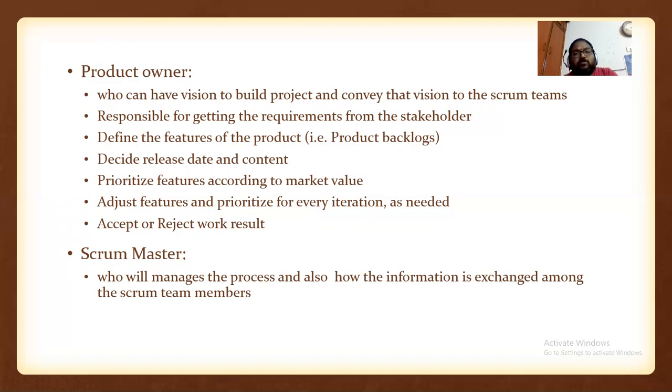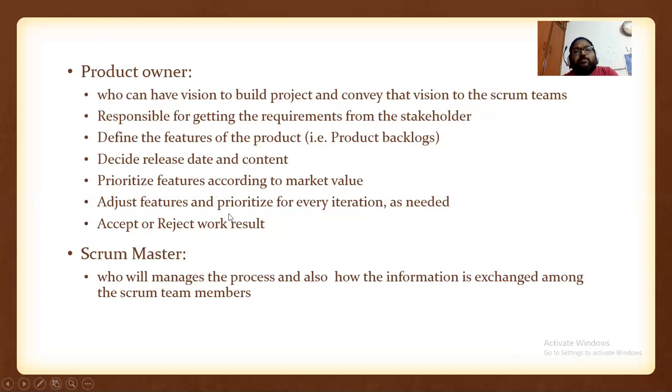Backlog is one of the terminologies. He will decide the release date and content: when we have to deliver sprint one or the product, and what requirements we have to deliver in that. He prioritizes the features according to market value, as per what the client has given. Which feature is most important? Accordingly, he has to prioritize the features we need to implement.